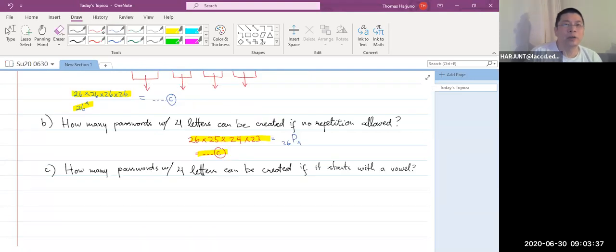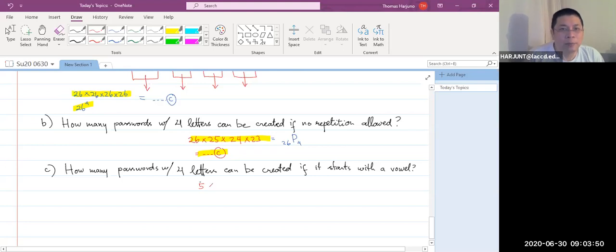The thing is, how many vowels do we have? In our alphabet, we have 5 vowels. And is repetition allowed? They don't say it, so assume yes, because no repetition is a restriction.